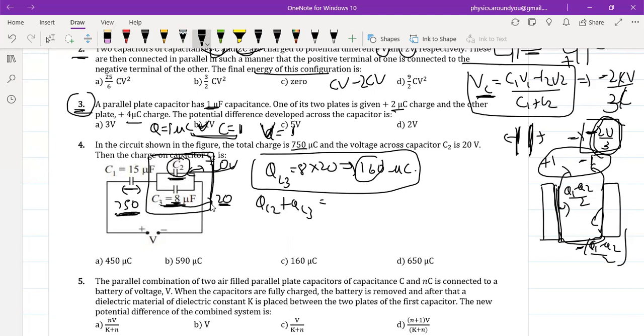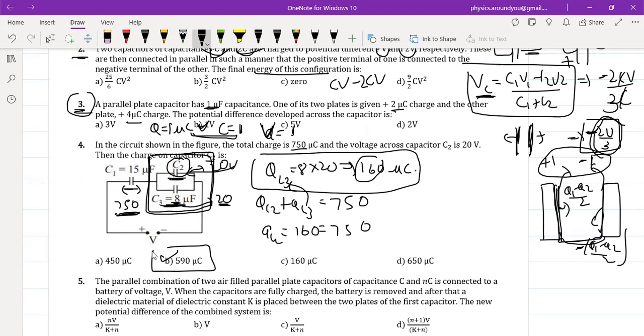Then the total charge on this system, if I reduce it, should also be 750. So QC2 plus QC3 should be 750. And I know QC3 is 160. So when I subtract 160 from 750, I'll get option B, 590. From this, I can also calculate the capacitance of C2, Q equal to CV, and so forth.